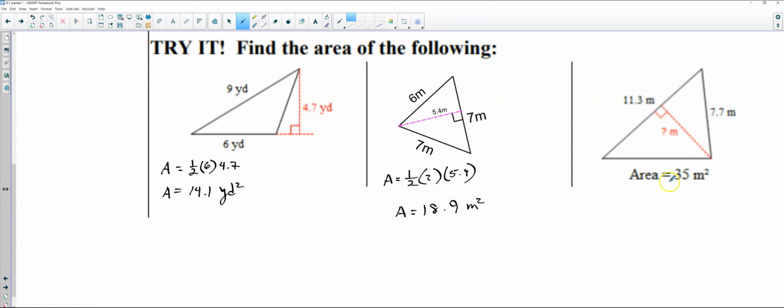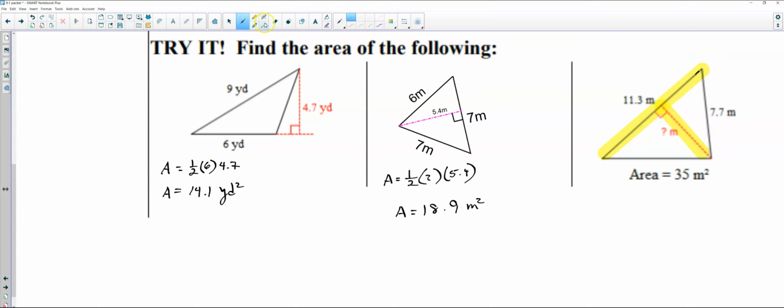See the area here? They gave you the area. Which one would the base be? Of course, it has to be the one that is perpendicular to the height. In this case, it is this one right here. That's your base. And your height is that one right there. So we're looking for the height.